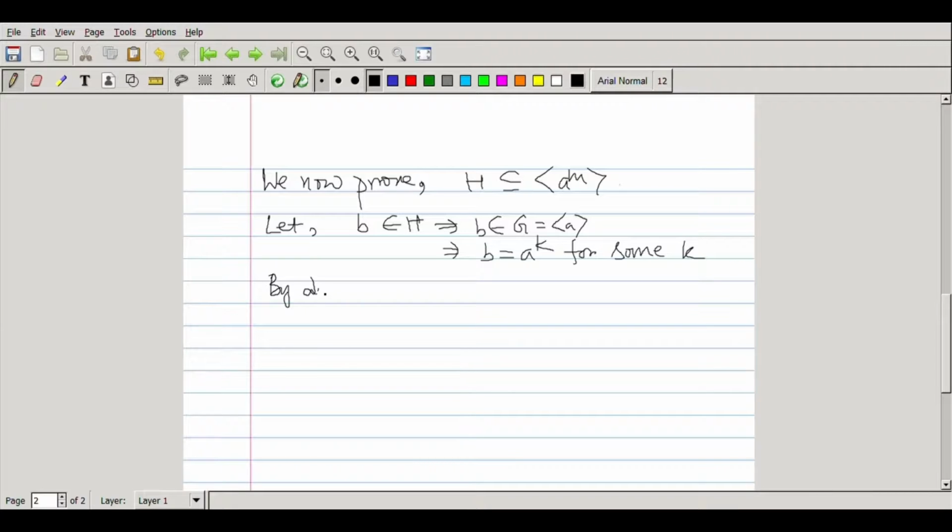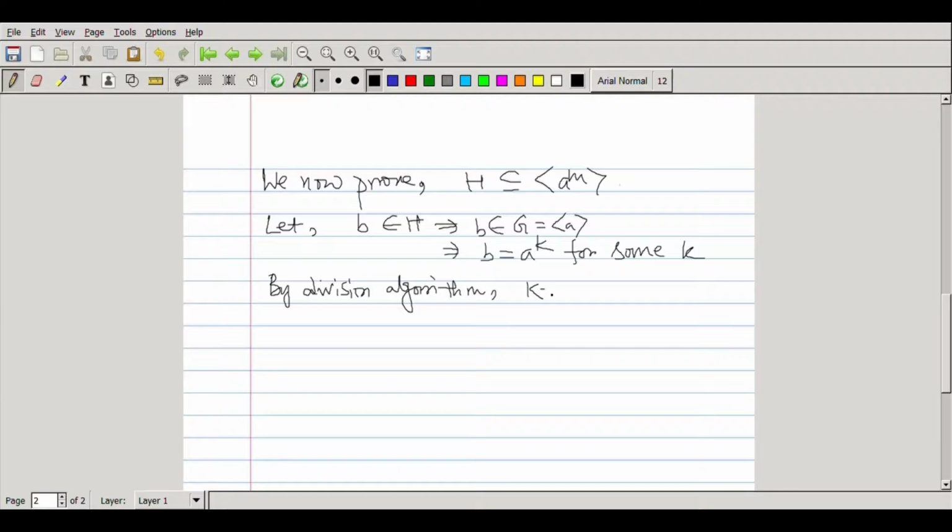By the division algorithm, k can be written as mq plus r, where either r is equal to 0 or r is positive and less than m. So we will show that this case is not possible, which will imply r equal to 0.